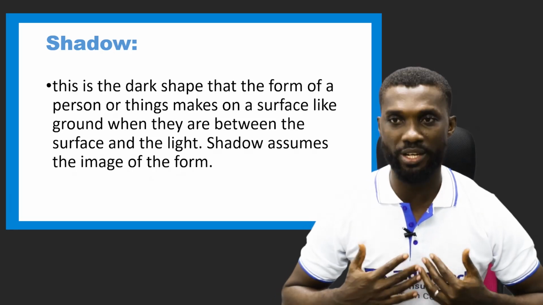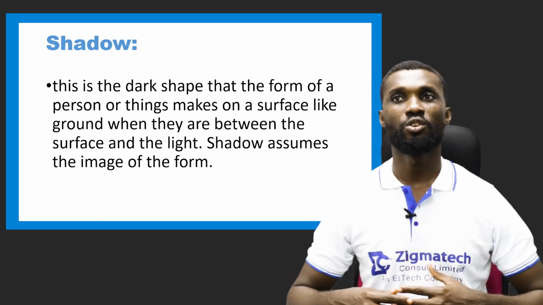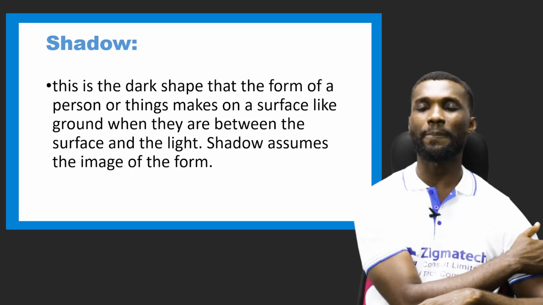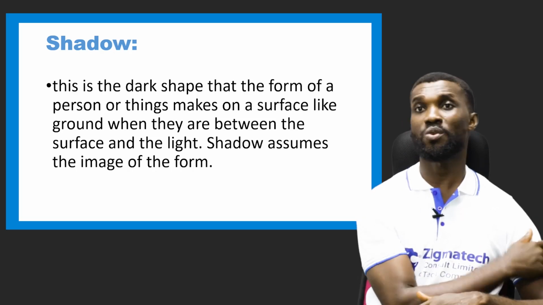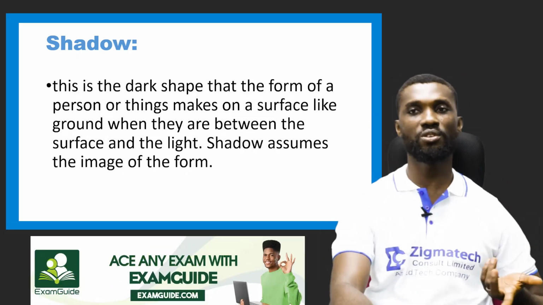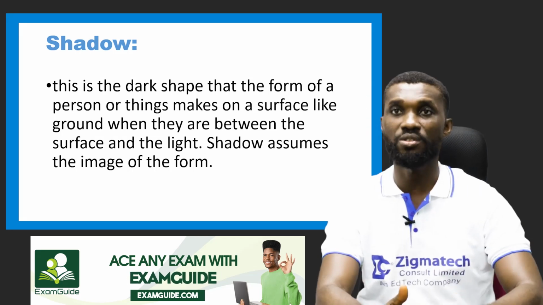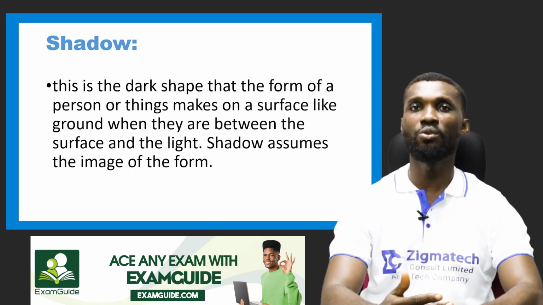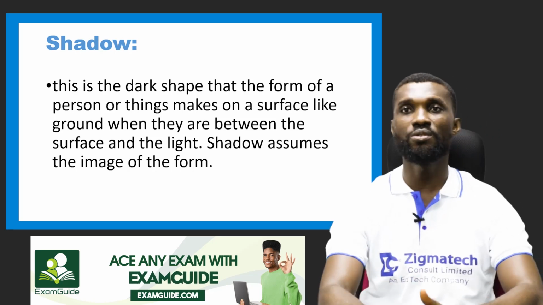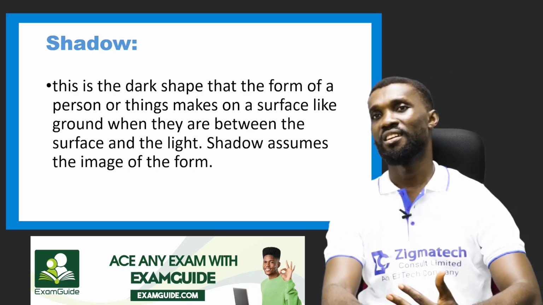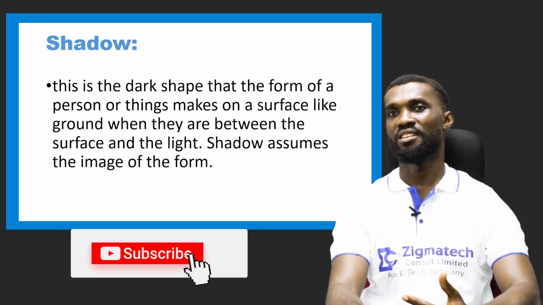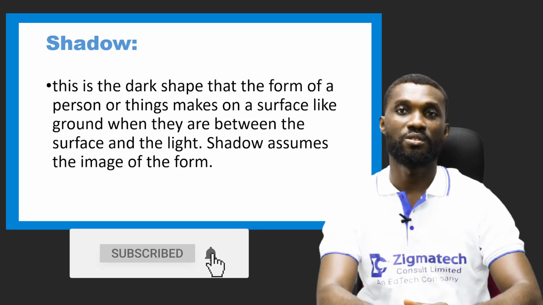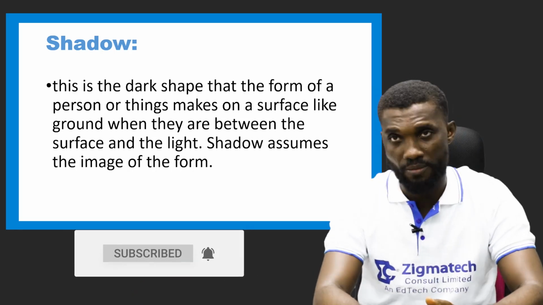When you block the source of light, automatically you create the replica image of that. Most times we call it silhouette. You create a silhouette of yourself. You can as well call the silhouette the black or the shadow of that person. Your shadow is your silhouette. So if I want to tease you, I can say, define silhouette. What I'm just asking you to define is define shadow.